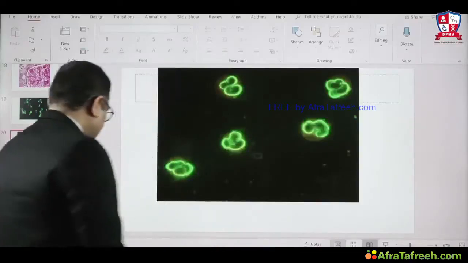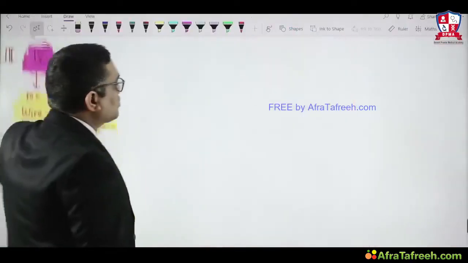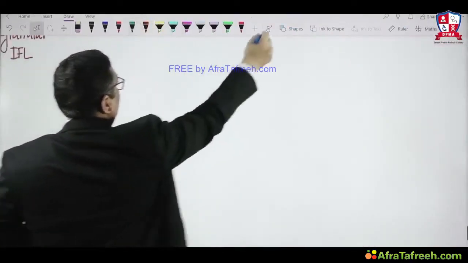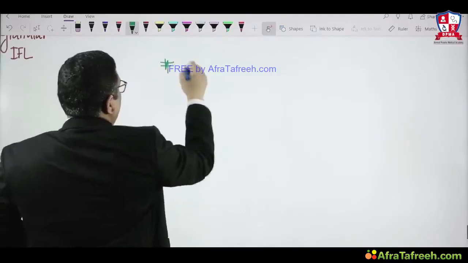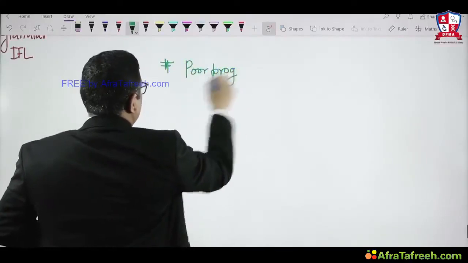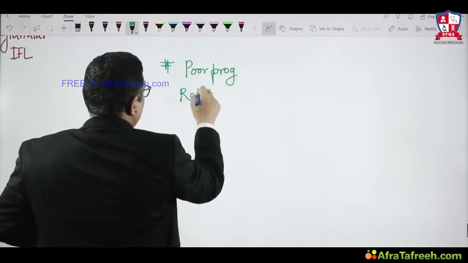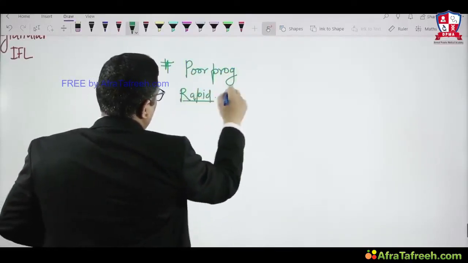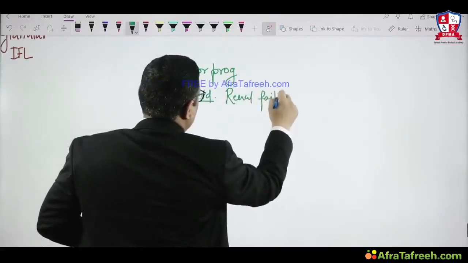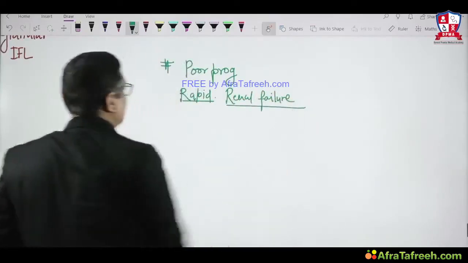So these are the RPGN. Overall, RPGN prognosis is the poor prognosis, right? So here 2 points which I wanted to highlight. They are having poor prognosis because of the rapid renal failure, and within a week or month they will be having death because of the renal failure.